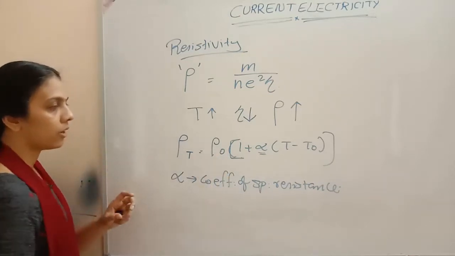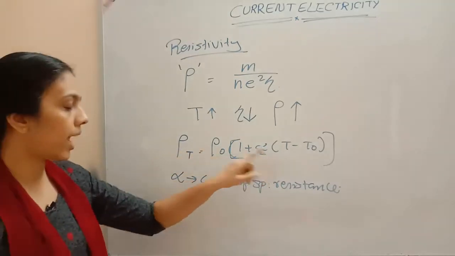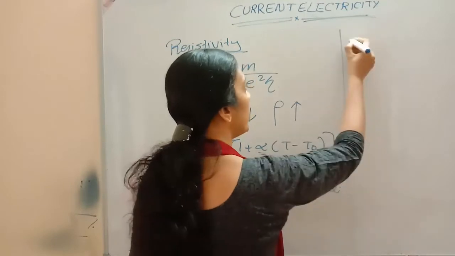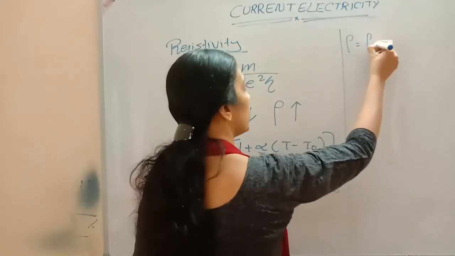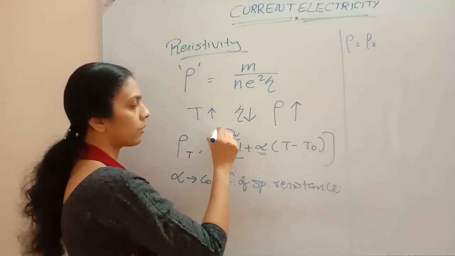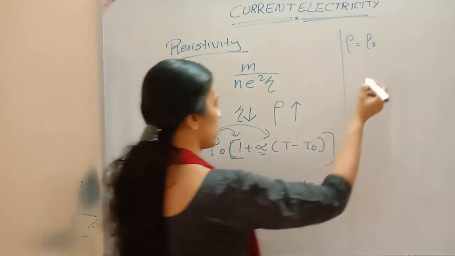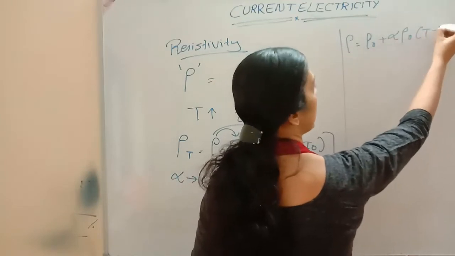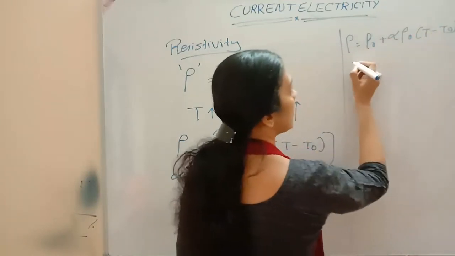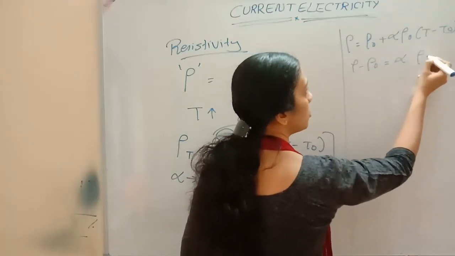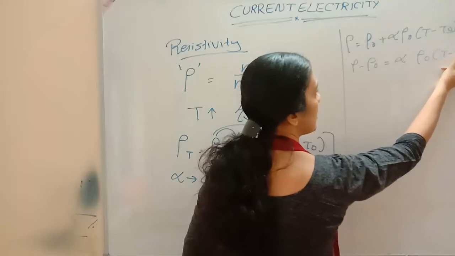So shall we find out one equation for alpha? From here we can write rho equals rho 0 into, multiplying rho 0 with these two terms, rho 0 plus alpha rho 0 into T minus T0. Then rho minus rho 0 equals alpha into rho 0 into T minus T0.